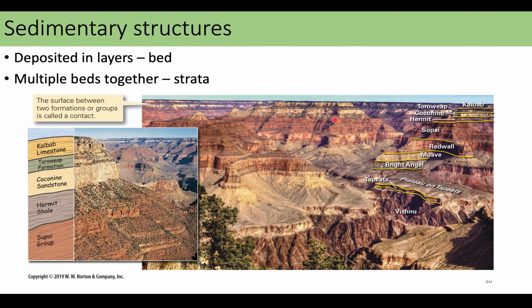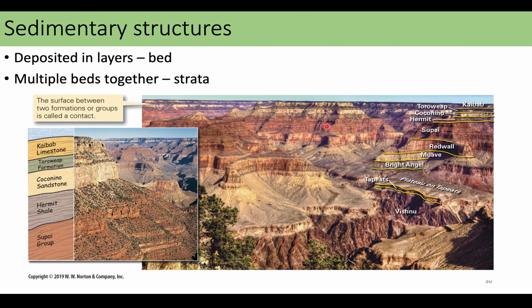When we have a section of beds, or multiple beds, we call that a strata. So when we have multiple beds together, and we're looking vertically through the history of that rock profile, we call that strata. Here, for example, you can see that the geologists have identified each of the individual beds, but together this would be called a strata.